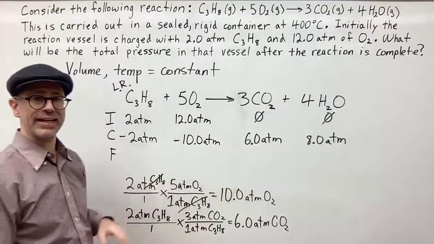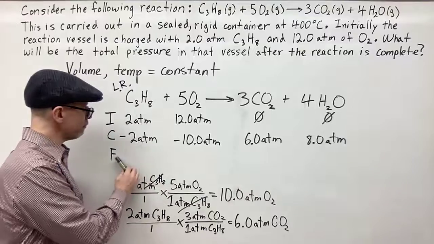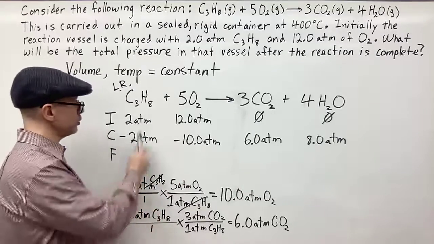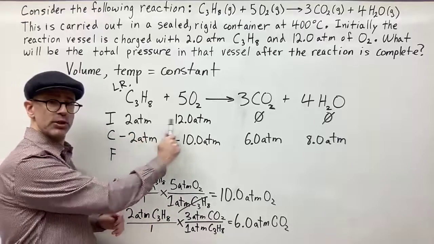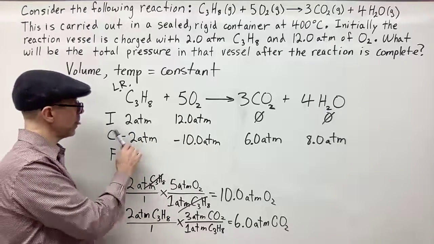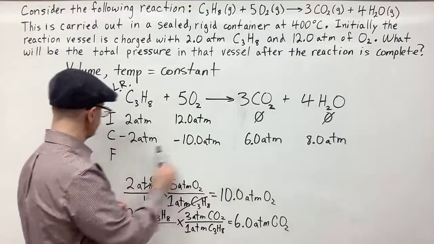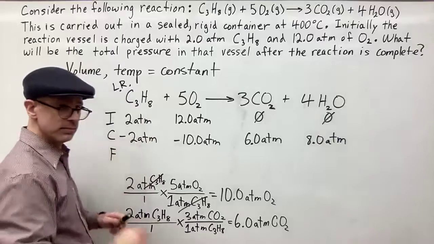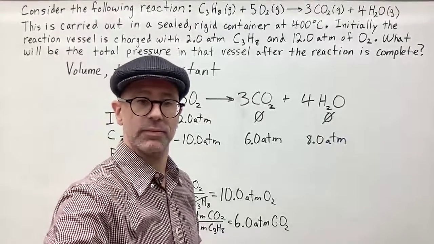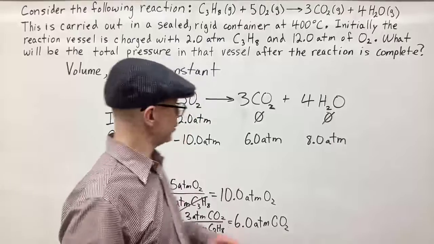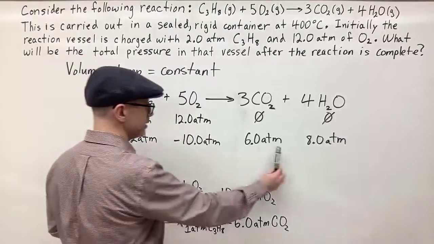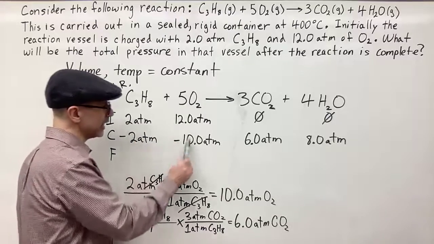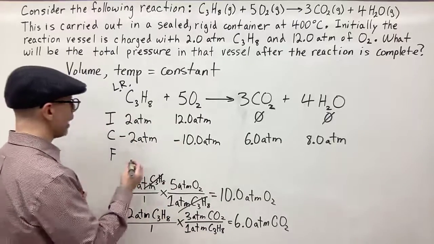So now I filled that in, and now to find out the final amounts at the end of your reaction, you take the first row and add the change row to it. So when I add these together, I get the final amounts.